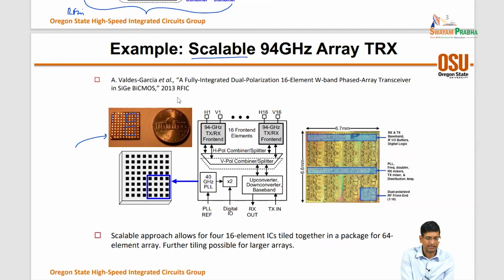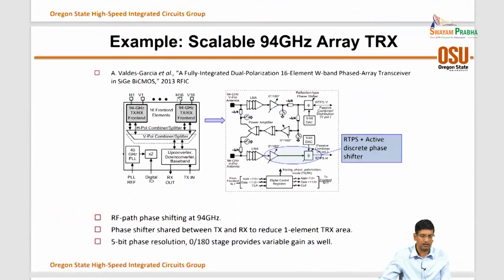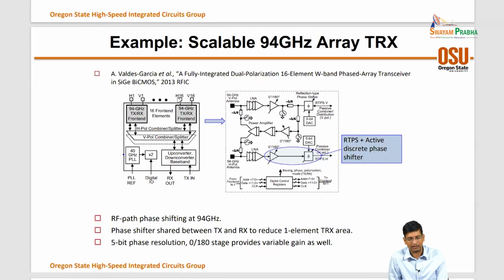Each of these ICs is driving a subset of the elements, right? And you can build a larger array then by taking this tile and placing it next to each other to synthesize a larger element array, right? So we built a scalable approach. The front-end design choices were quite similar to the IC that I showed.